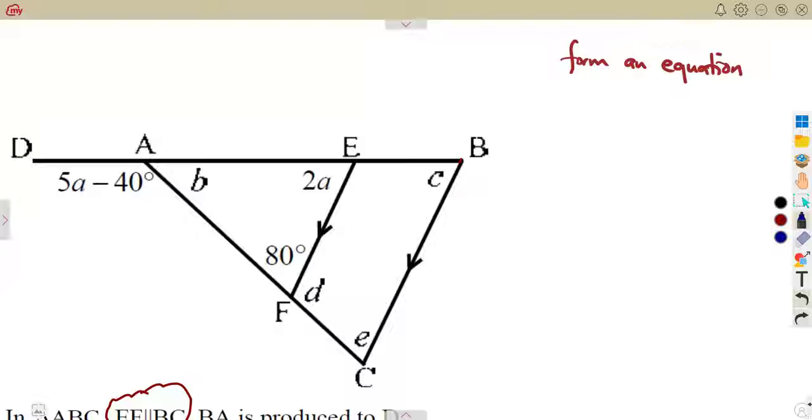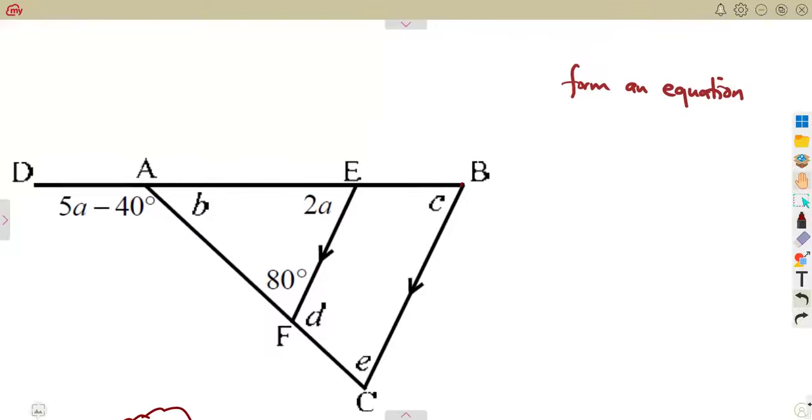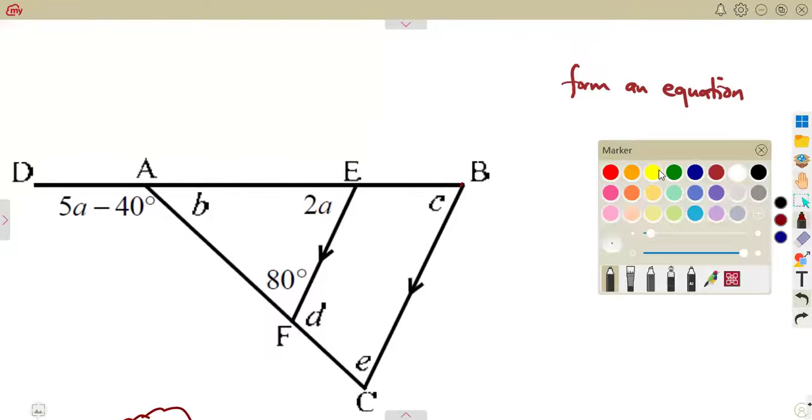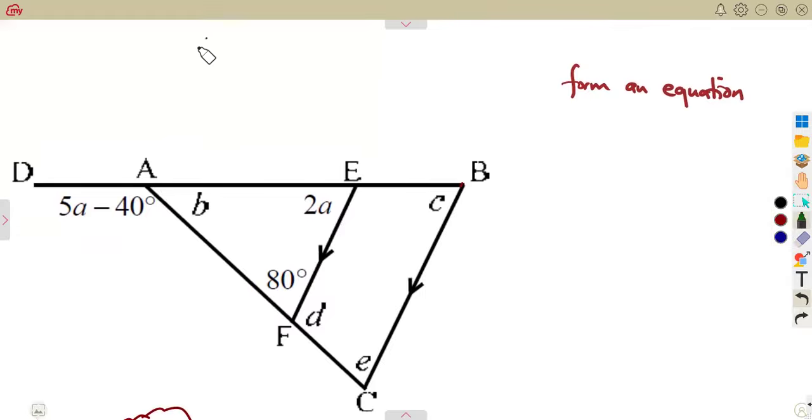So the question is, how can we form an equation using this part where A is and also this A that we are given, and maybe with an angle of 80 degrees that is there? How can we form an equation from there? I want you to see it here. There is a property of a triangle that is simply demonstrated there. Remember, in a triangle like this, angles in a triangle, very true, they add up to 180 degrees.